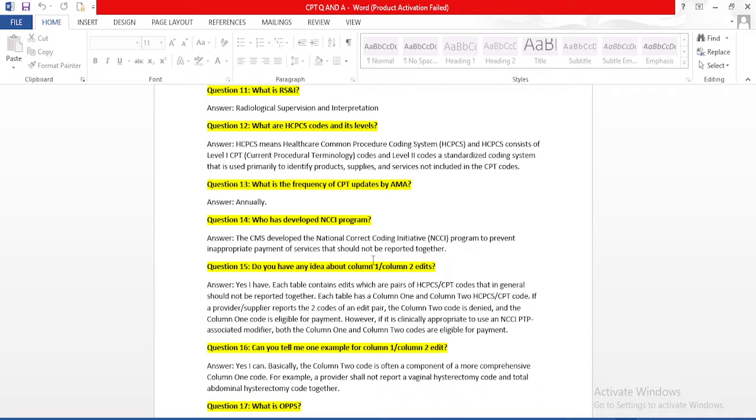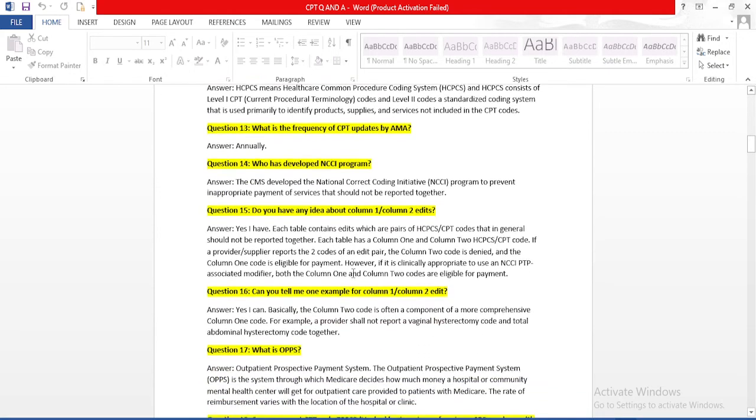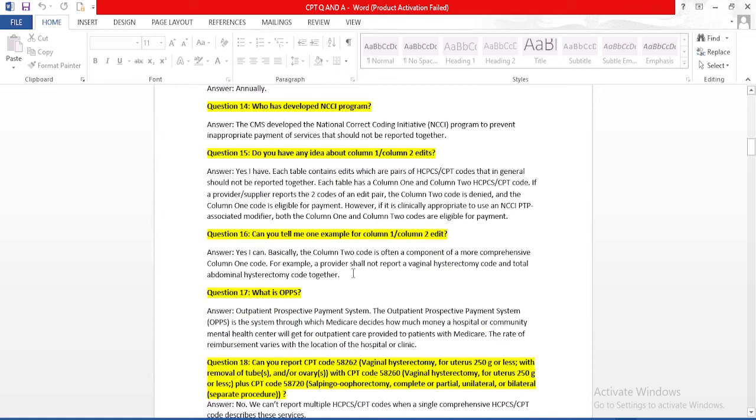Next one, what is the frequency of CPT updates by AMA? AMA updates CPT once yearly, annually. Next one, who has developed the NCCI program? CMS has developed the National Correct Coding Initiative program to prevent inappropriate payment of services that should not be reported together.